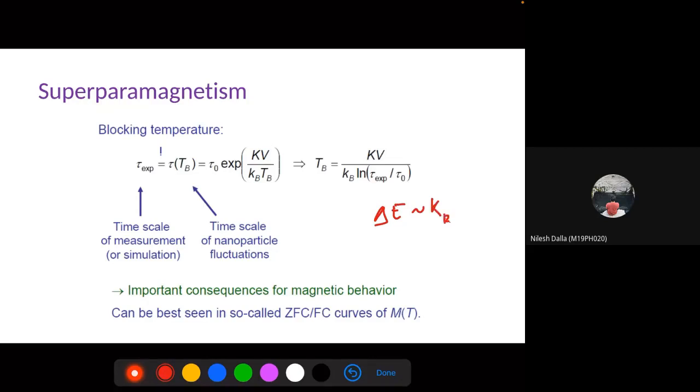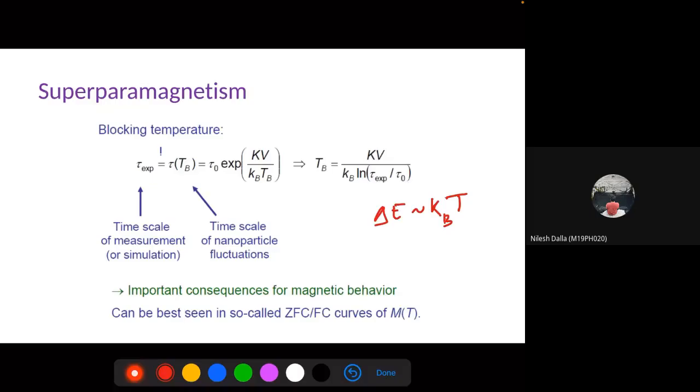The barrier is always fixed, but this kBT will change as a function of temperature. So for certain temperatures you can have fluctuation, and for certain temperatures they may not fluctuate. This is typically distinguished by the term blocking temperature, TB.